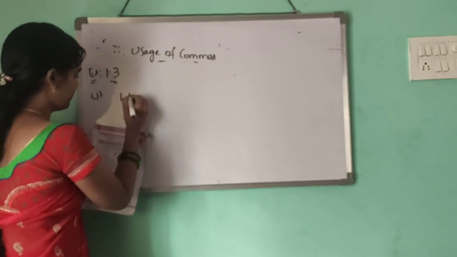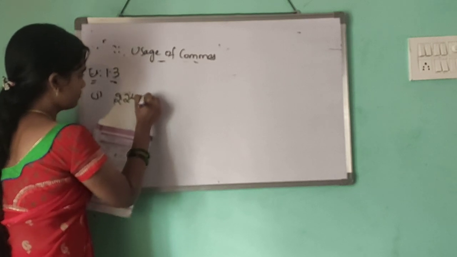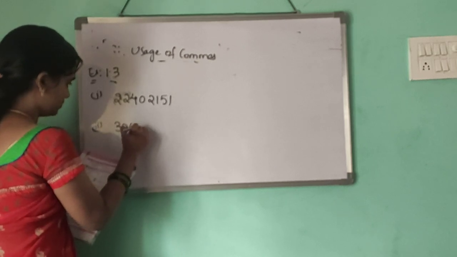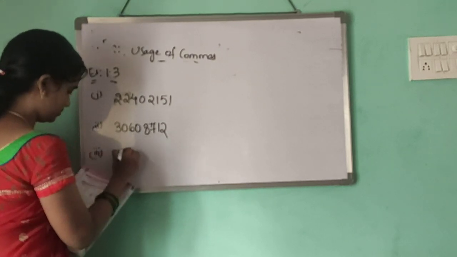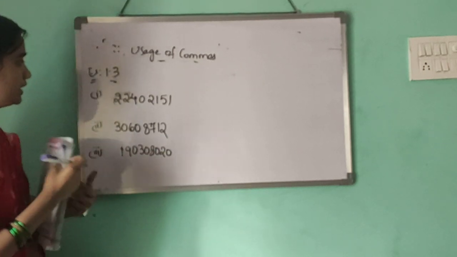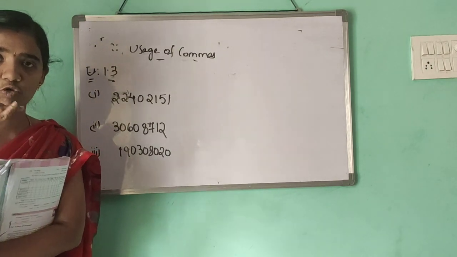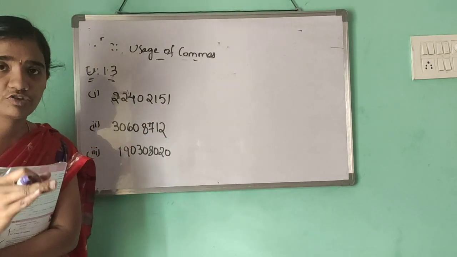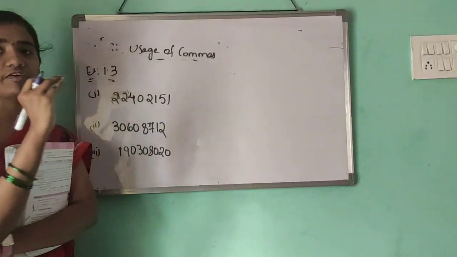Here some numbers are given. We have to put the commas by using the Indian system of numeration. How can we put the commas in the Indian numeration system? We put the first comma after moving to the right 3 digits, the hundreds place.